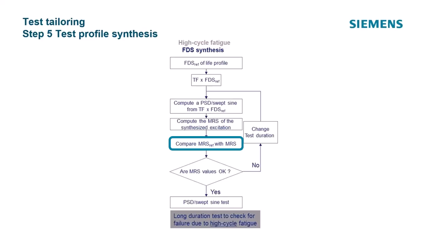We're going to make sure it hasn't gone up by, these are qualitative rules of thumb, no more than 1.5, maybe 2 max. We'll talk about some caveats. If it's gone up too much, then we're going to increase the test time and resynthesize. If we're okay, we send it to the shaker lab. The only knob we have to turn here is the test time.